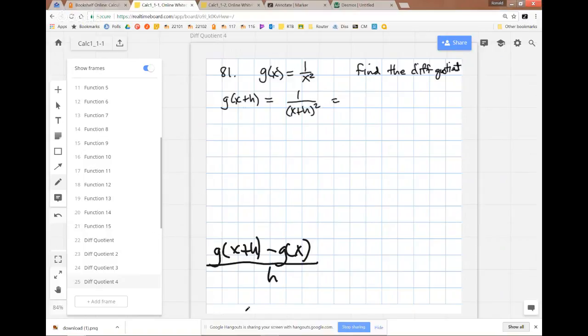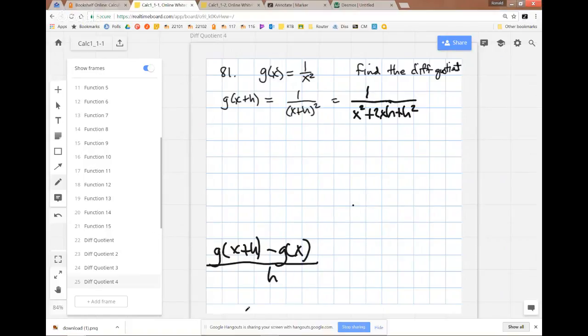So that means the first thing we're going to want to find is what's g of x plus h. All right. So plug in an x plus h where there's an x. So what's that equal to? 1 over x plus h squared, right? So now we've got that.